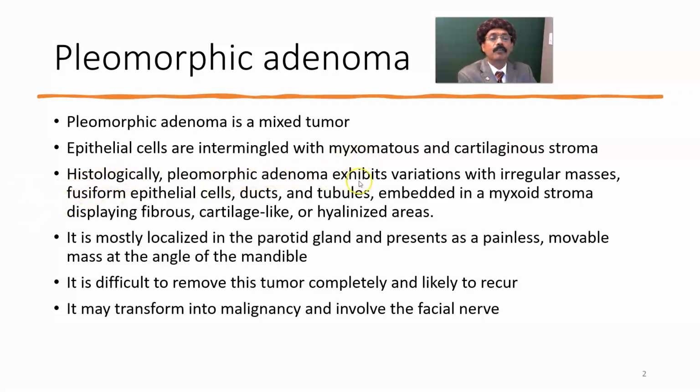Histologically, pleomorphic adenoma exhibits variation, with irregular masses, fusiform epithelial cells, ducts and tubules embedded in a myxoid stroma displaying fibrous, cartilage-like or hyalinized areas. That's why it is called pleomorphic. It has multiple morphology, and this is a benign tumor.